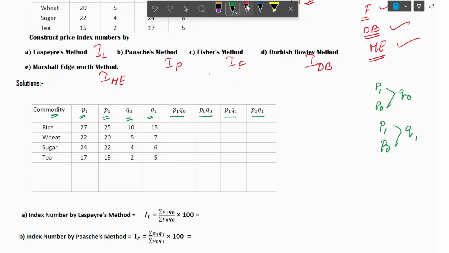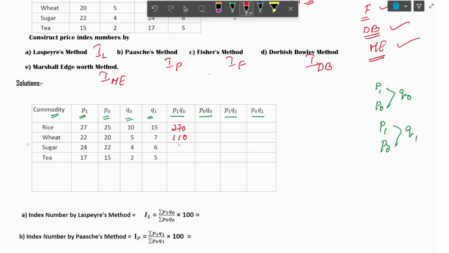Now here the values. First one, P1Q0. That is P1 27 into 10, that is 270. Same way you multiply 22 into 5, that is 110.